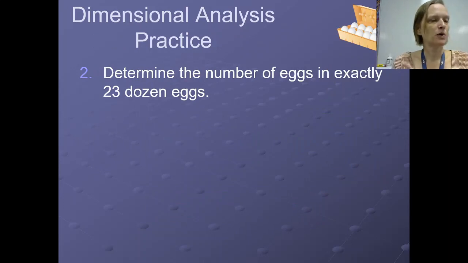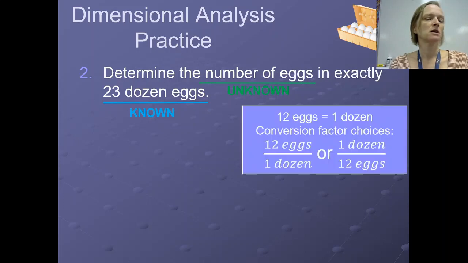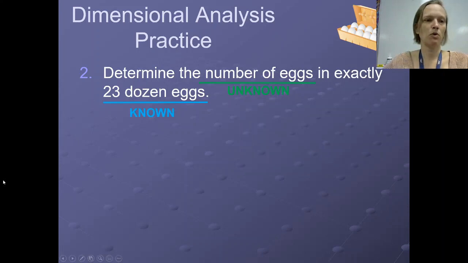One more practice problem for these one-step dimensional analysis problems. Determine the number of eggs in exactly 23 dozen eggs. My known is the 23 dozen. My unknown is the number of eggs. So step 1, I'm going to write down the 23 dozen, and I know I'm trying to get to eggs at the end.